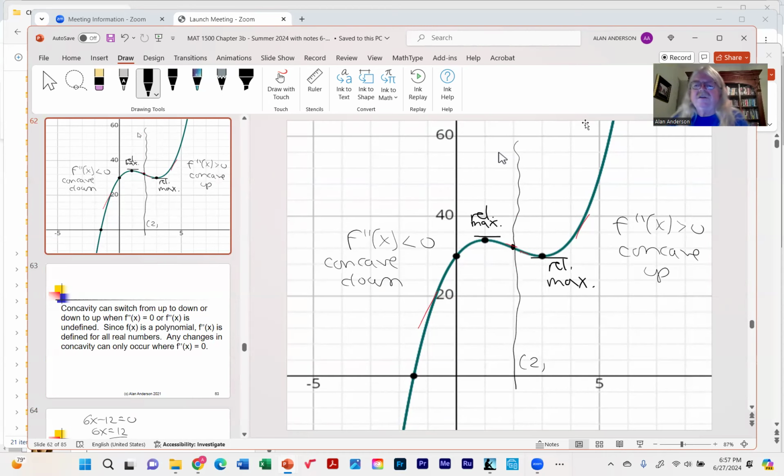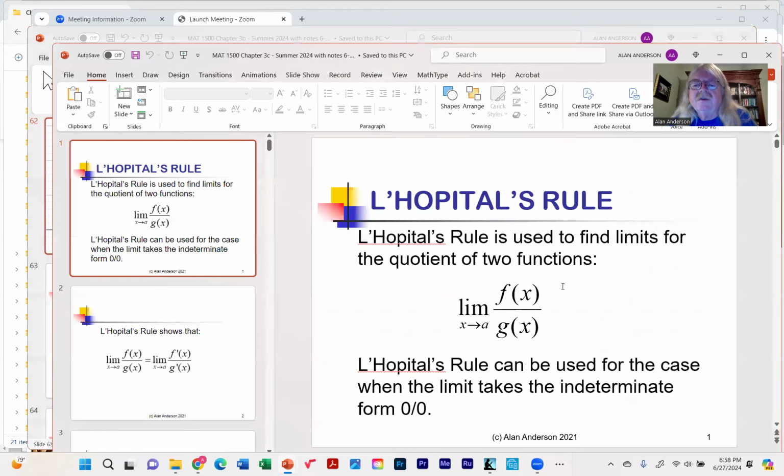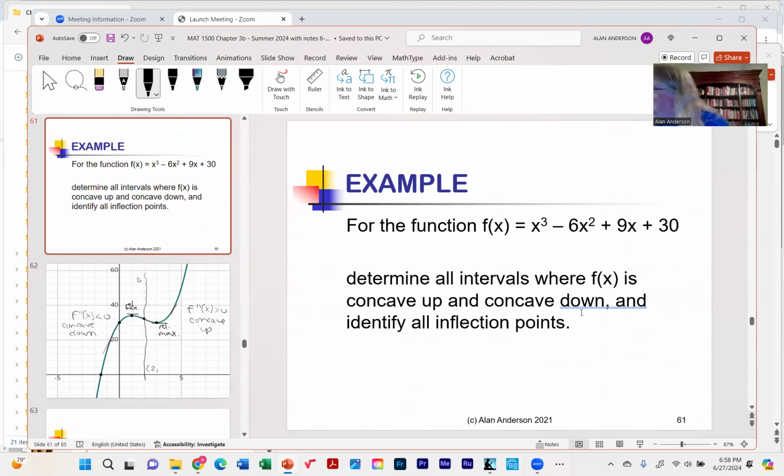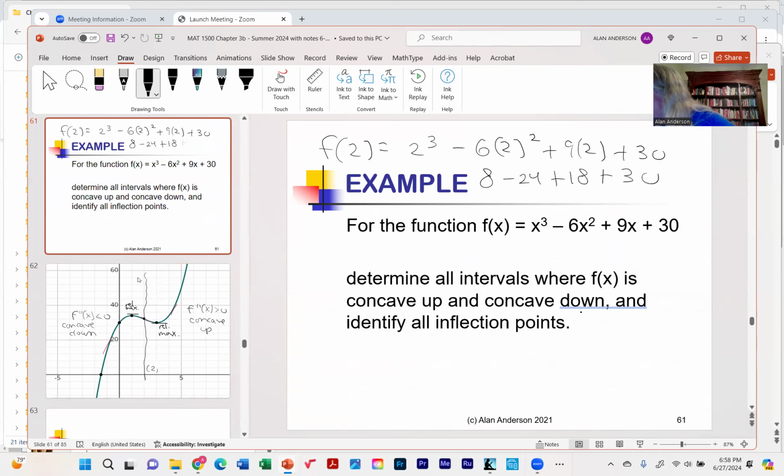Now we can figure out the y value if we need to, just by plugging in 2 to the original function. It's not always necessary, but if we do, we get 2 cubed minus 6 times 2 squared plus 9 times 2 plus 30. So we have 8. Now here we have 6 times 4. 32.